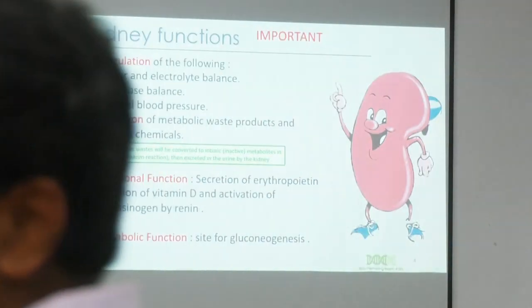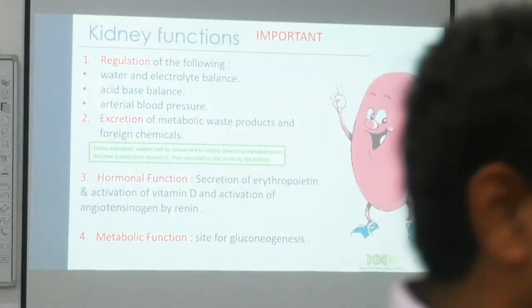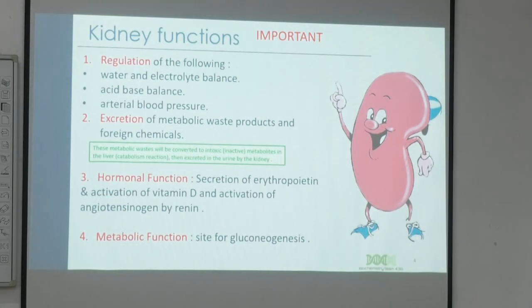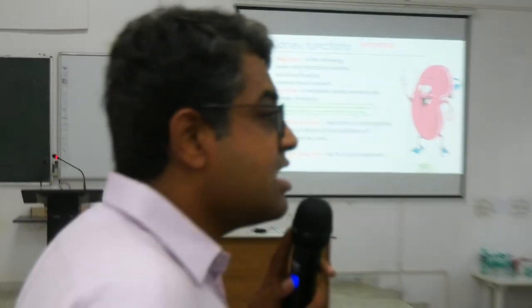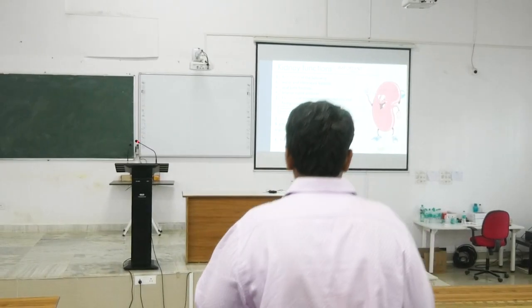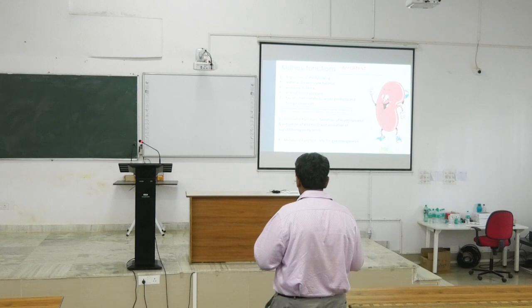Kidney has the sensors to activate them and deactivate them, thereby regulating the blood pressure of the body. It includes increase and decrease of your arterial tone. It includes increase and decrease of absorption or reabsorption of electrolytes. Okay, these are how your blood pressure is modulated. This function is very vital.